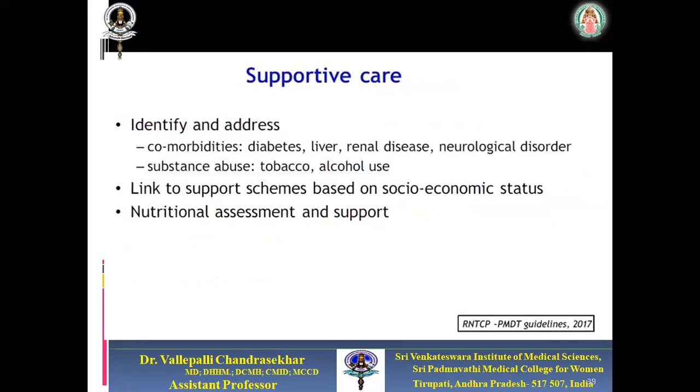You have to identify and address comorbid conditions like diabetes, liver disease, renal disease, neurological disorders. And you will be giving advice on stopping substance abuse like tobacco or alcohol use during the course of treatment. Then you have to link them to support schemes based on socioeconomic status. Then nutrition assessment and support you have to provide during the course of treatment.